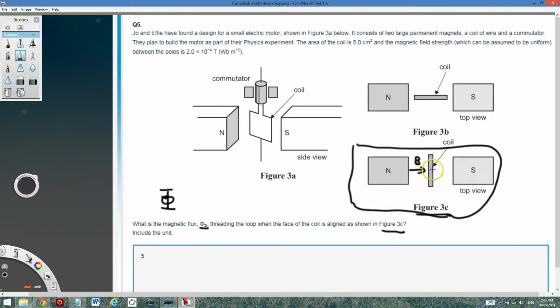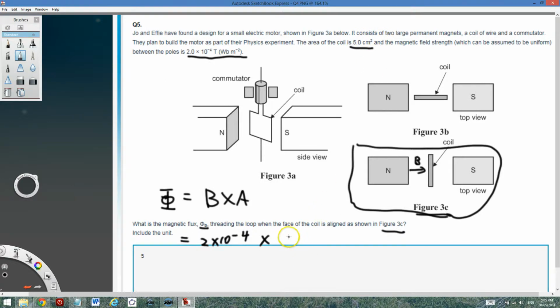So in this case, the magnetic field interacts perpendicular with the area, so magnetic flux will be B times A. Putting down the numbers, the magnetic field in Tesla, and we need to find the area. 5 centimeters square. Remember, we need to change it to meters square.